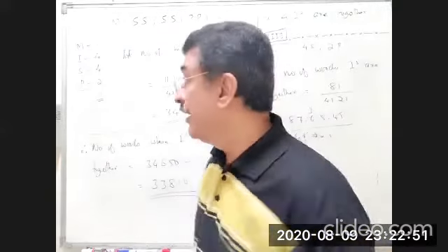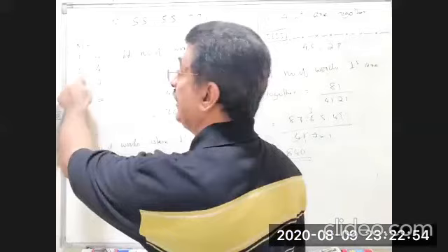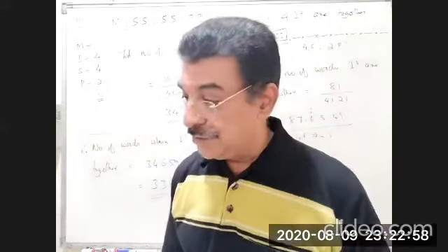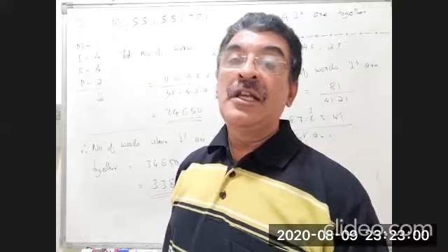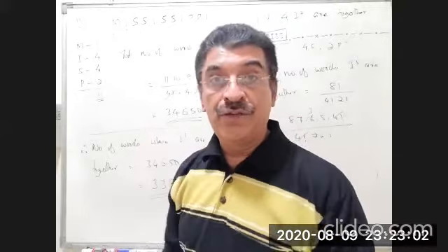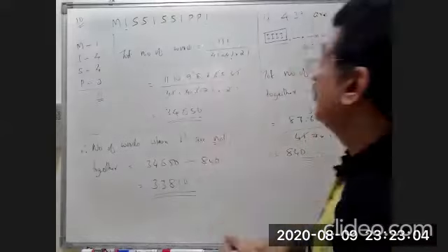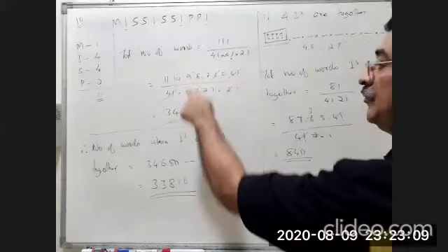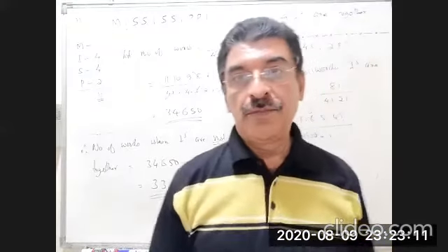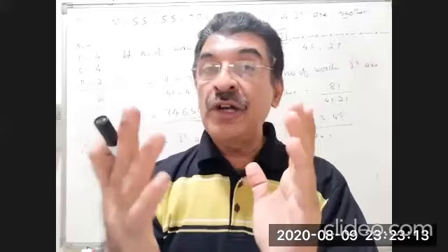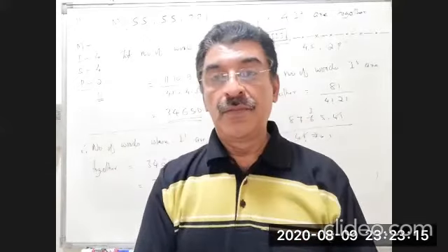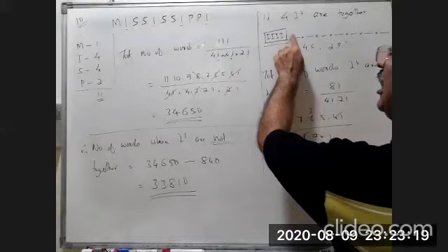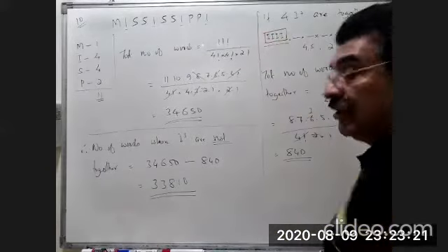In those 11 letters, we have 4 I's, 4 S, 2 P's. So using n factorial by p factorial, the total number of words will be 11 factorial by 4 factorial, 4 factorial, 2 factorial. This is the total number of words. Now, if 4 I's are together, these 4 I's will be inside one.